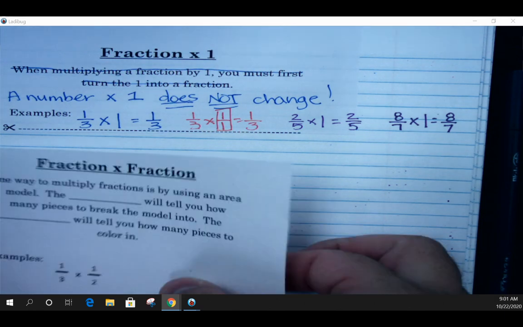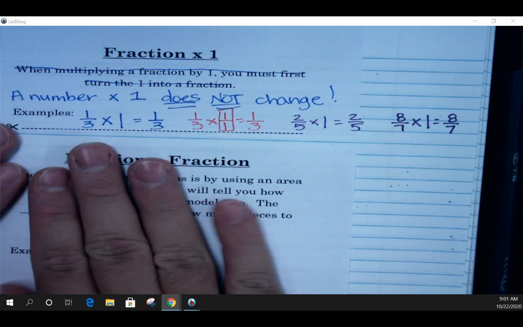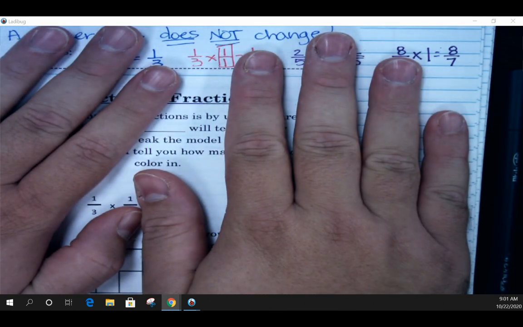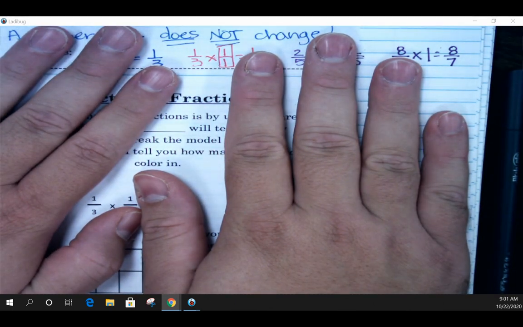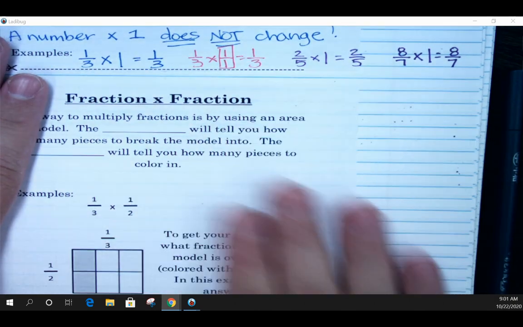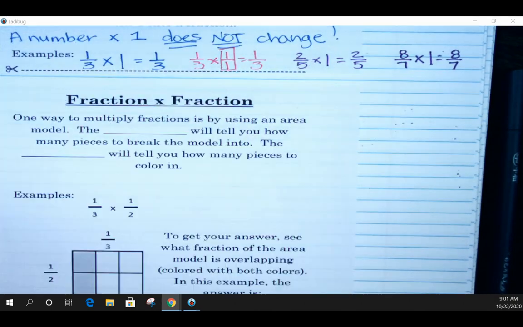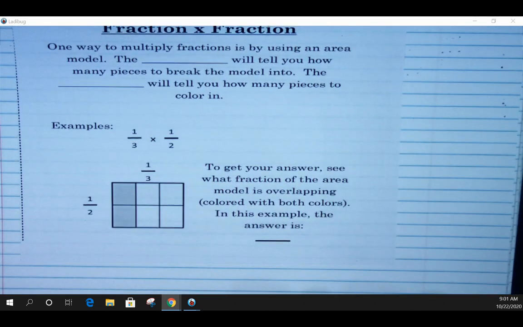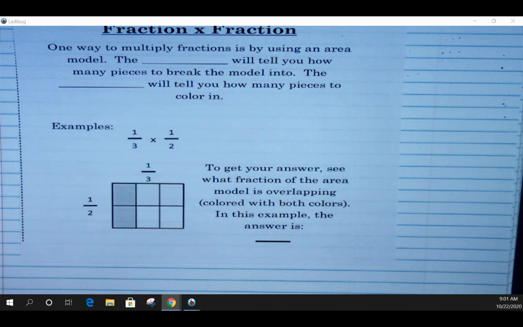Well, good. A fraction times a fraction. You're going to need yellow and blue for this.